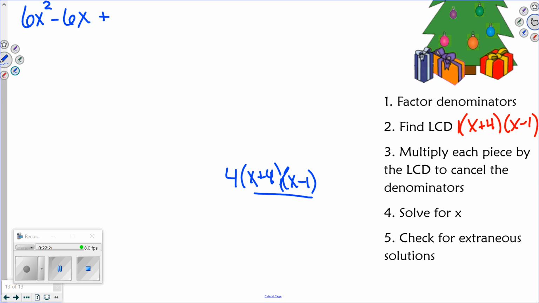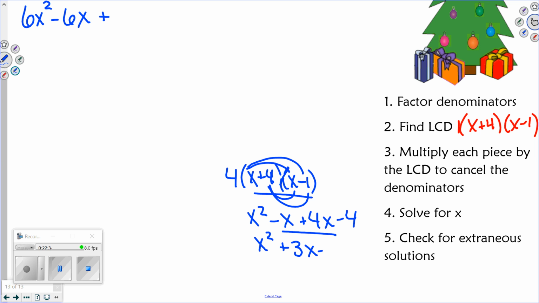All right, so let's do these two first. We have x squared minus x plus 4x minus 4, which is x squared plus 3x minus 4. And then this one would drop down, and we multiply that one through.